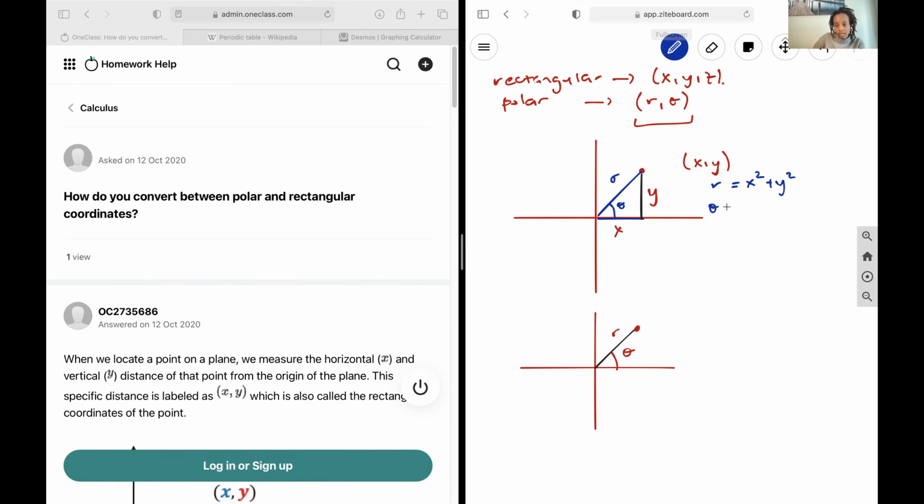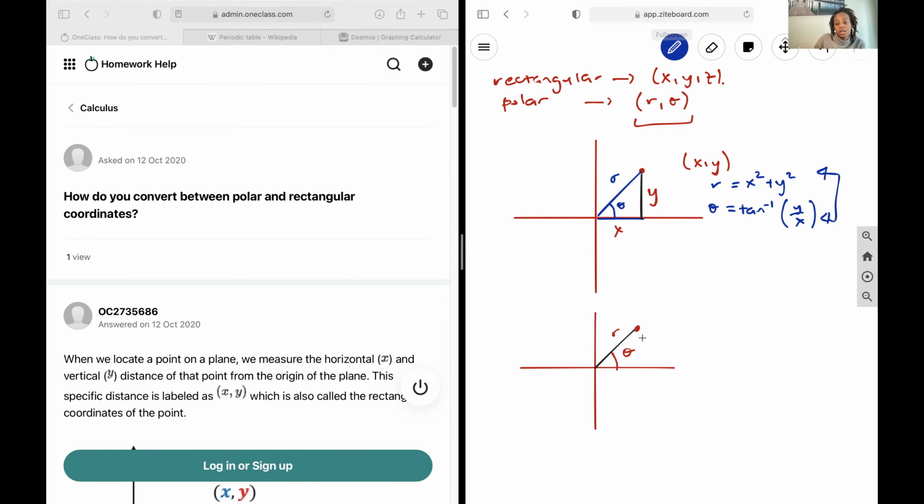And that theta I can find by doing the inverse tan of y over x. And that's simply on SOHCAHTOA. So tan of this angle is opposite over adjacent, y over x. And then I simply solve for theta using inverse trig. Okay, so this is how I'd get polar coordinates from rectangular coordinates.